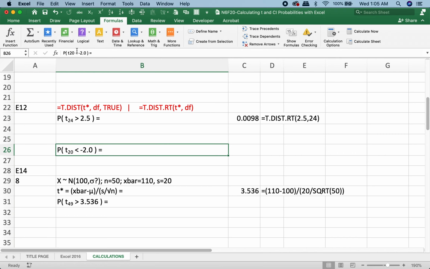Now when you're going from some point down, and by the way, it doesn't have to be a negative number that you're going from some point down. It could be from 2.5 down. But in this particular case, we're looking at a t with 20 degrees of freedom from -2 down.